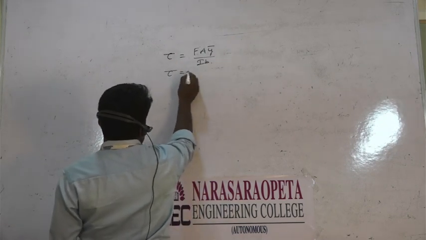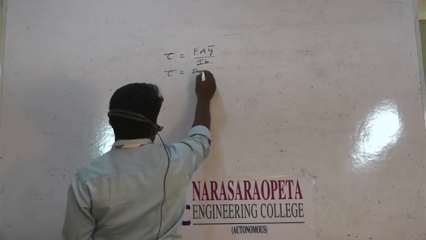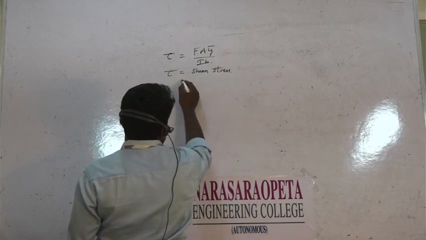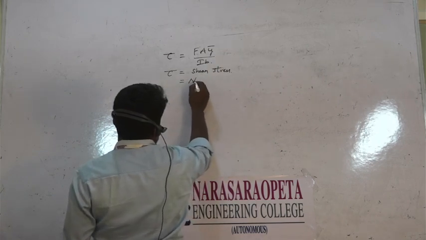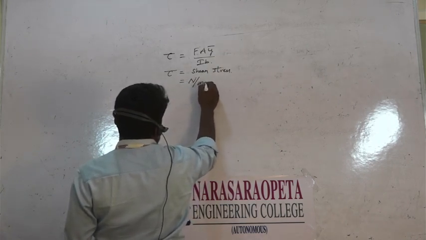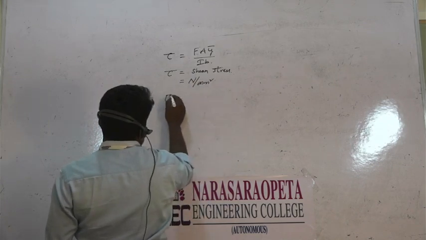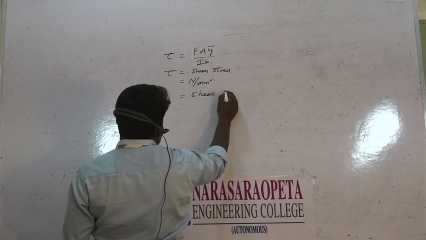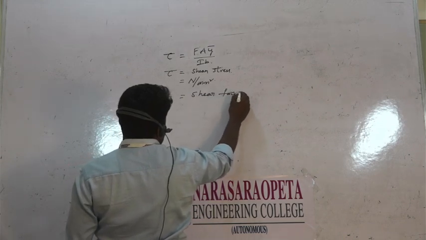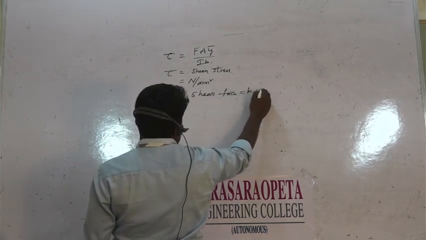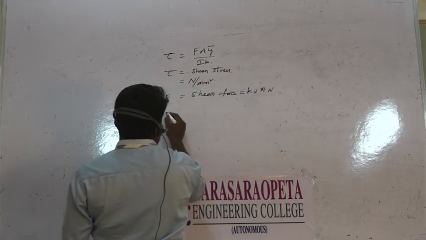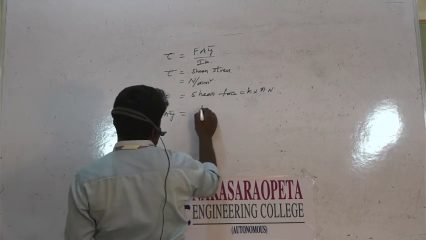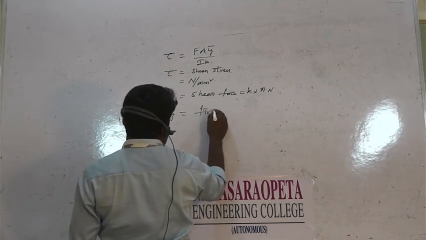Okay, tau is shear stress. The SI unit of shear stress is Newton per mm square. F is shear force, in kilonewton or Newton. Then A y bar is the first moment of area.